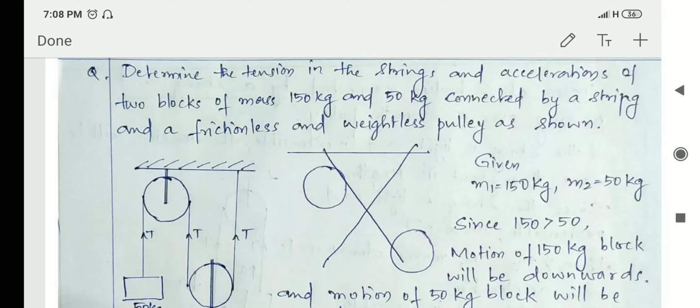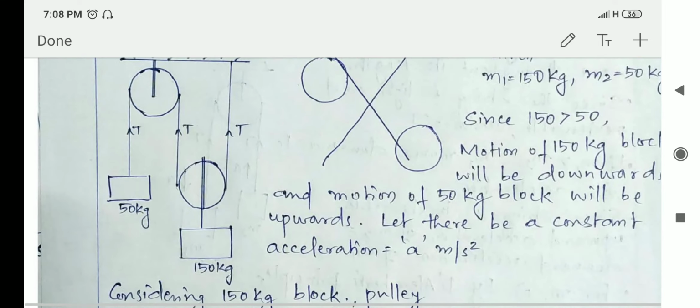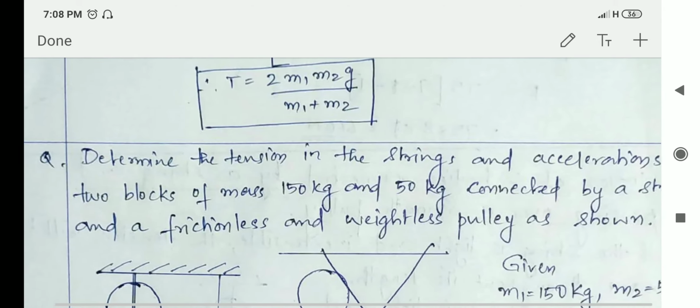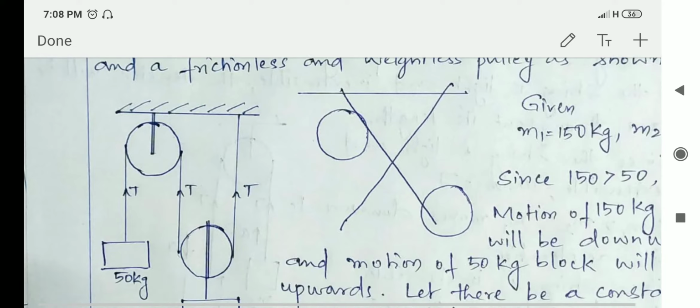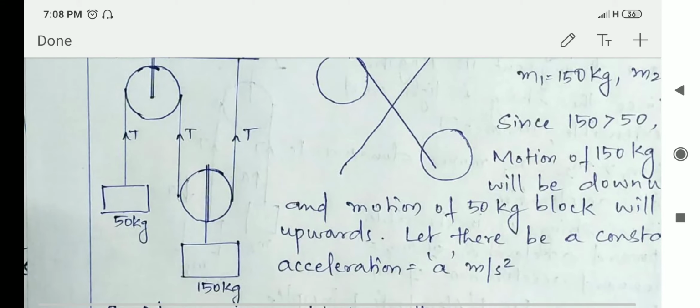Okay, so here, let us just check the problem. There is a weight of 150 kilogram and 50 kilogram. So the first step is finding out the direction of motion. It is not actually specified in the problem, right? Direction of motion is not specified, but here we can identify which is the direction of motion.